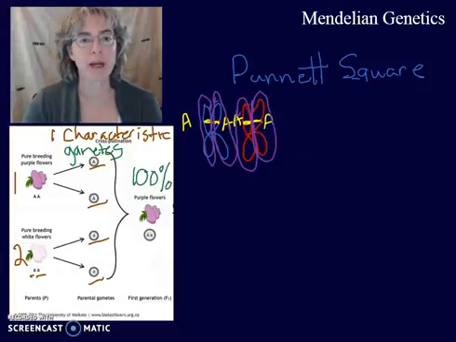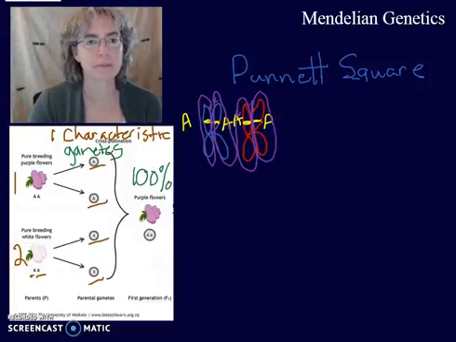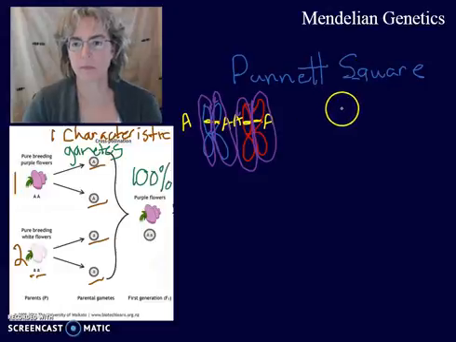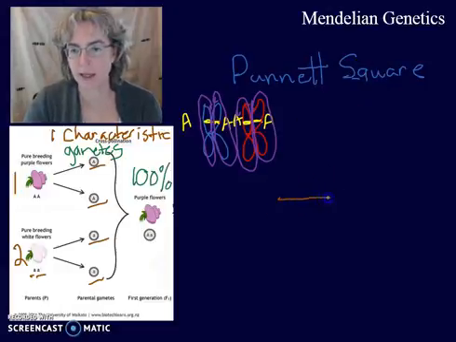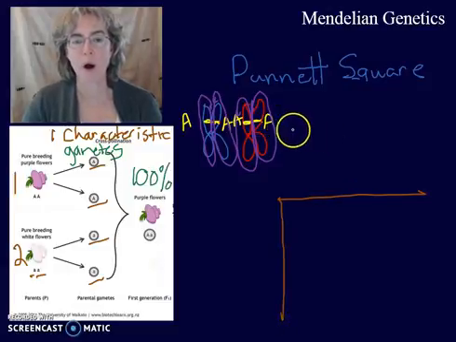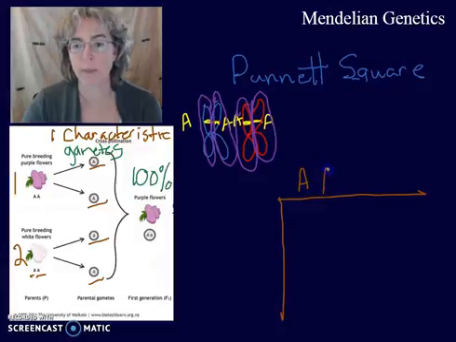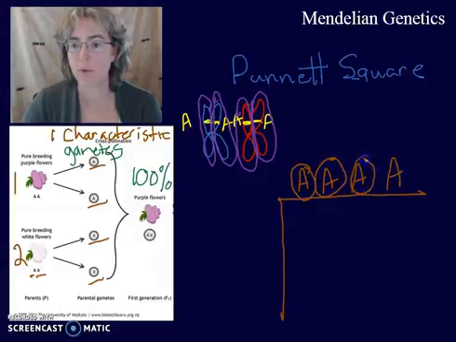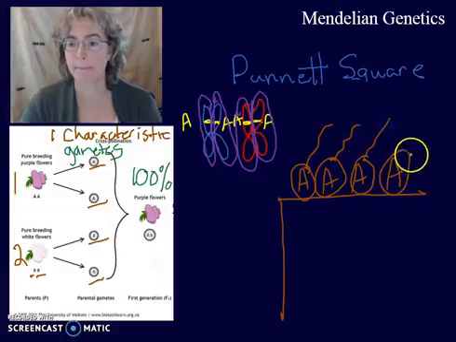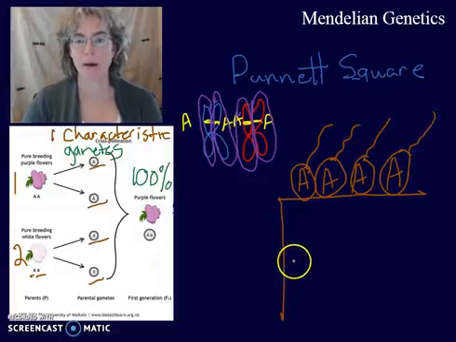So when we do a Punnett square, and let's do that down here, all of the gametes from this individual are going to be big A. So these are all gametes. You can even draw a picture around them and say, these are the sperm from the male.